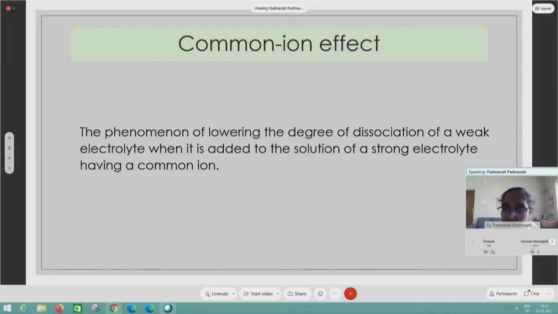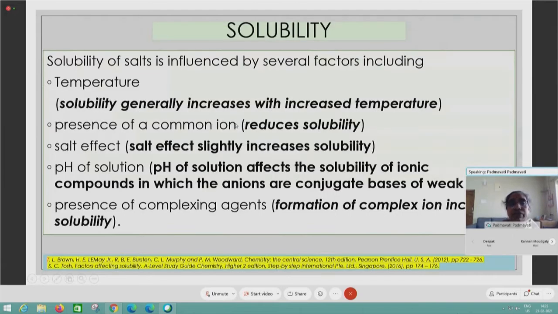This is a general phenomenon we know. It is the phenomenon of lowering the degree of dissociation of a weak electrolyte when it is added to the solution of a strong electrolyte which has a common ion. So the weak electrolyte and strong electrolyte should have an ion in common, and only then would precipitation occur. This is our general knowledge or understanding about the common ion effect.